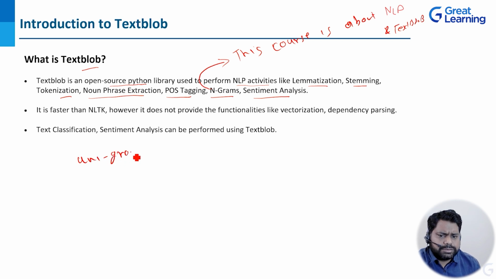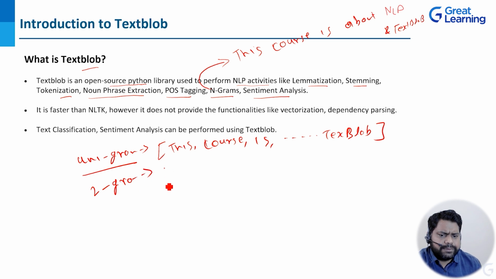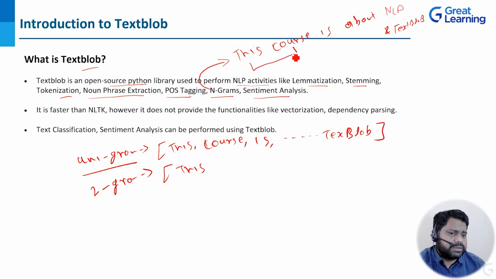A unigram will get the tokens like this: course, is, similarly text, blob, into a list. Similarly, bigram: what bigram will do is take 2. Your window size changes from 1 to 2. So now your window size is 2.